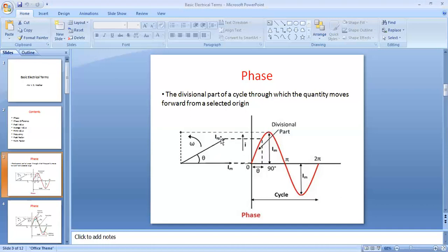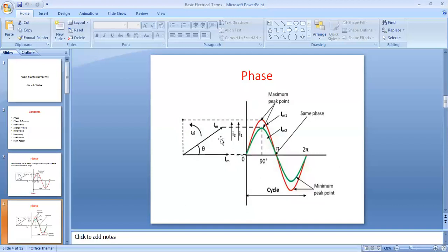Next, when the two quantities have the same frequency and their maximum point and minimum point, that is the minimum peak point here negative, both achieve at the same point, then the quantities are said to be in same phase. That means here we have considered the two alternating currents IM1 and IM2.